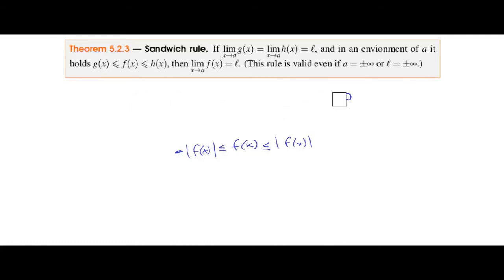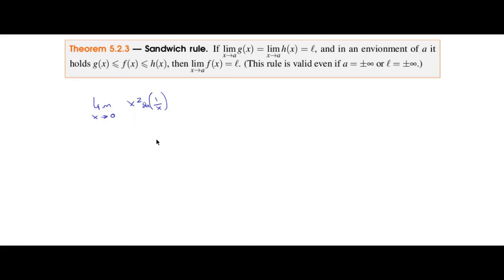Now, let us see a couple of examples of this. So we have the limit when x goes to 0 of x squared times the sine of 1 over x. Now we can't apply the algebraic properties that we have just seen, because the sine of 1 over x doesn't have a limit when x goes to 0.